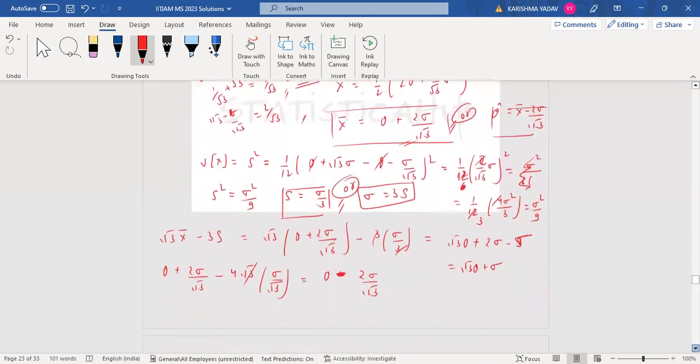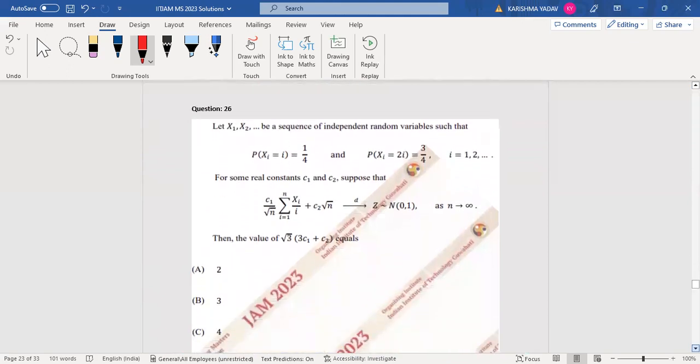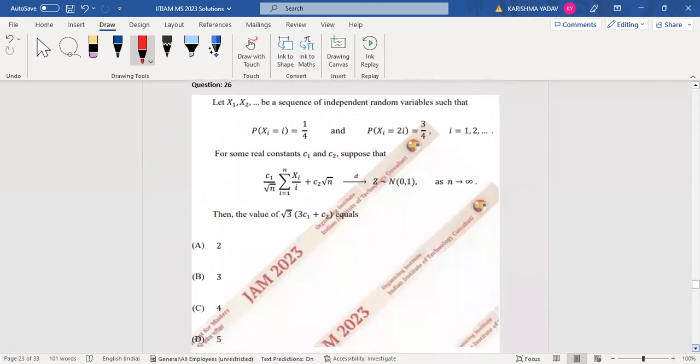So let's see question number 26. It says let x1, x2 and so on be a sequence of independent random variables such that probability of xi equals 1 by i is 1 by 4, and probability of xi equals 2i is 3 by 4.